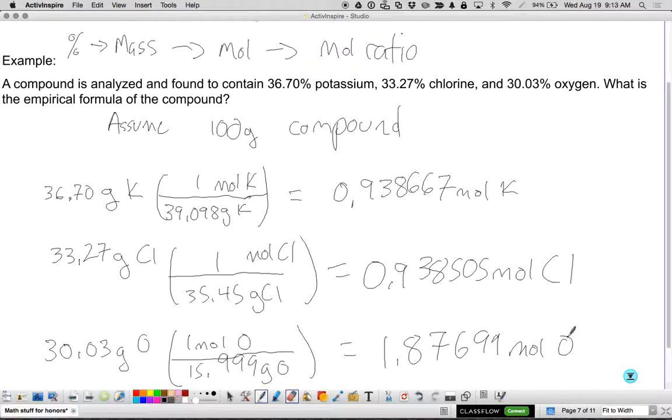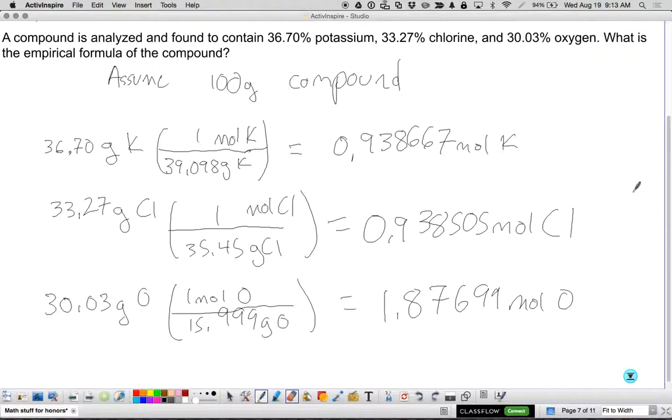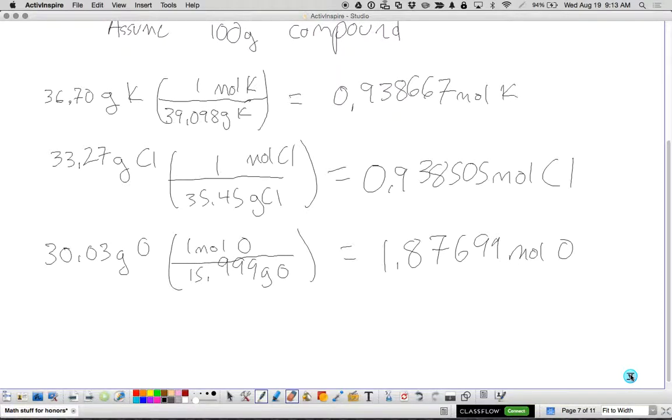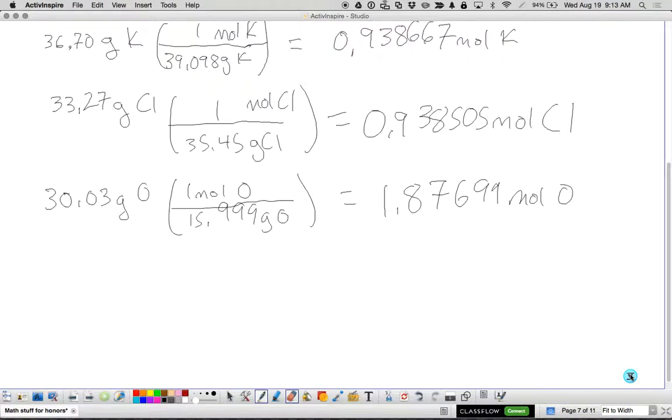All right, now you should be able to see that this is a 1-to-1-to-2 ratio. But if it's not straightforward like this one is, which, I'll be honest, a lot of them aren't, then what you need to do is divide everything by the smallest number of moles.